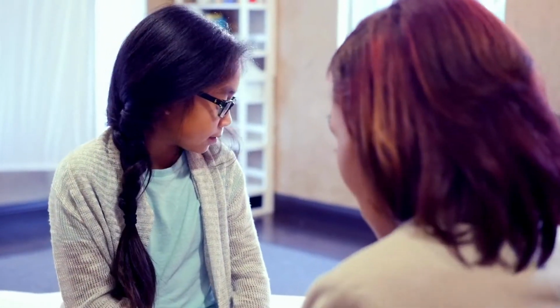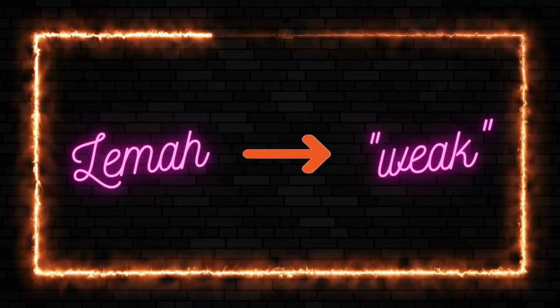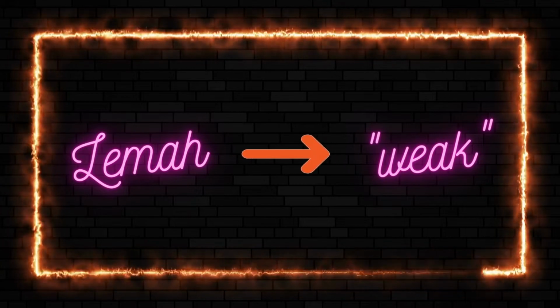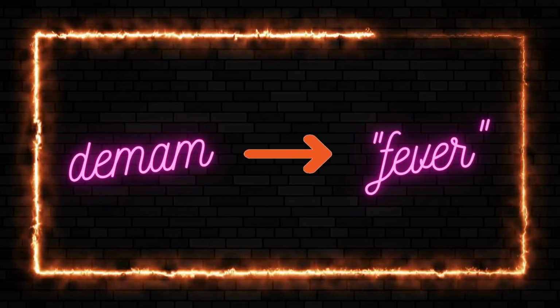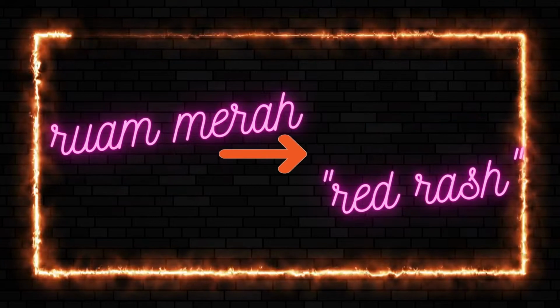Let's start with the natural form to express feelings. What will you say when you go to a doctor? Some expressions to describe symptoms in Indonesian are as follows. Lemah, weak. Demam, fever.